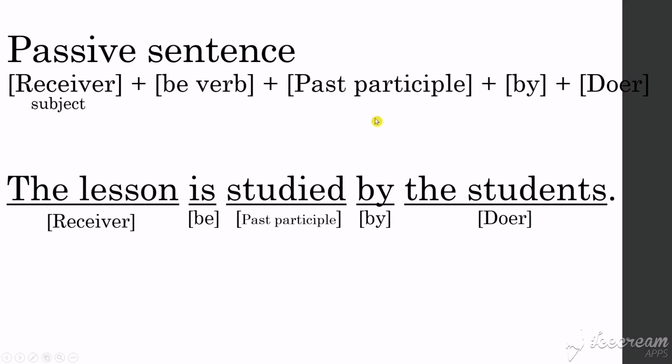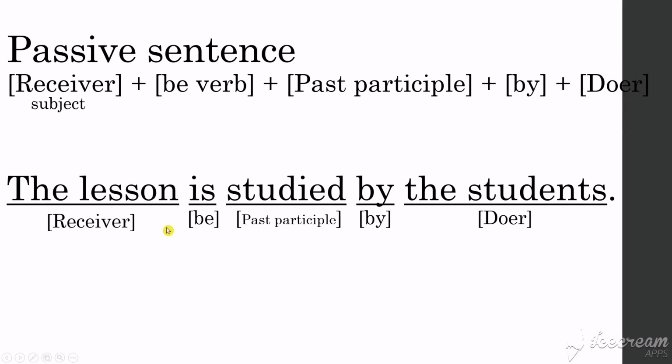So we have two kinds of verb here: the be verb, and after the be verb is the past participle of the main verb. And then we use the word by. And lastly, at the end of your passive sentence is the doer of the sentence, or the object.